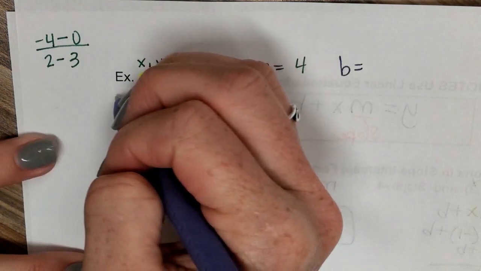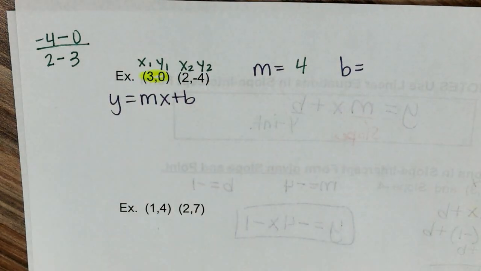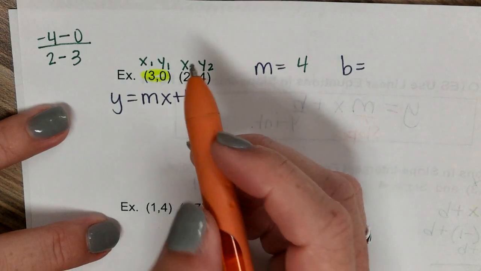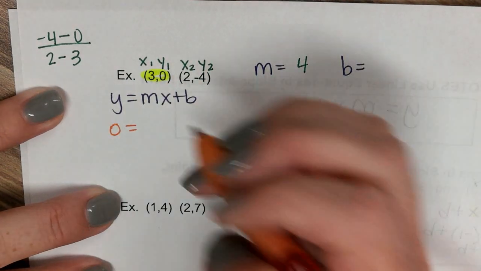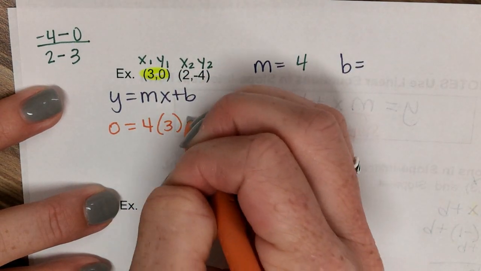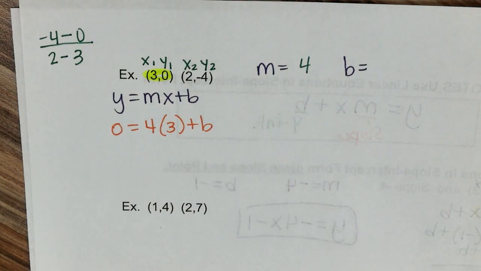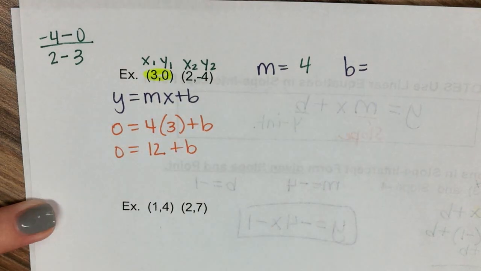So I'm going to write y equals mx plus b. I'm going to plug 0 in for y, so 0 equals my slope, which is 4, times my x, which is 3, plus b. So I have 0 equals 12 plus b.